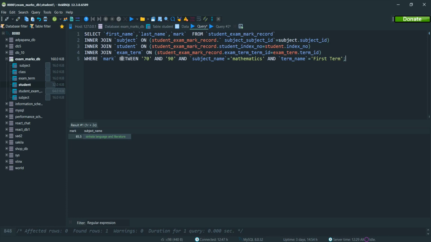We have used the between function to get the numbers between 70 and 90, and have used three inner joins to combine the tables together. Now let's see the result. So this is the first name, last name, and the mark corresponding to the full name.